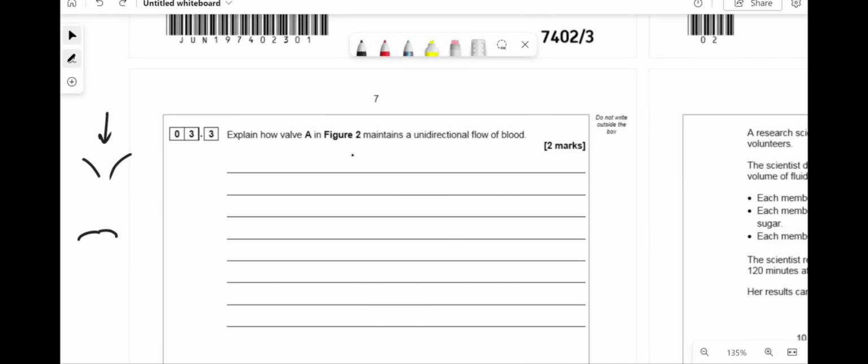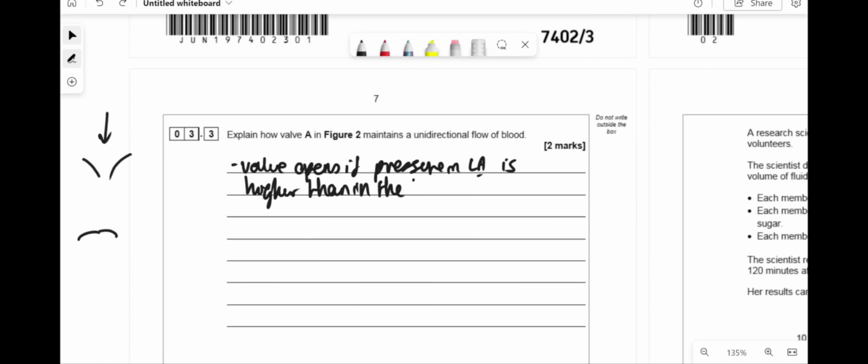So it says explain how it maintains unidirectional flow. Well, the valve opens if pressure in the left atrium, I'm obviously abbreviating, but you need to say that, is higher than in the left ventricle.